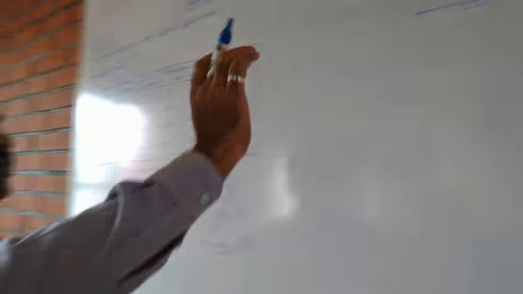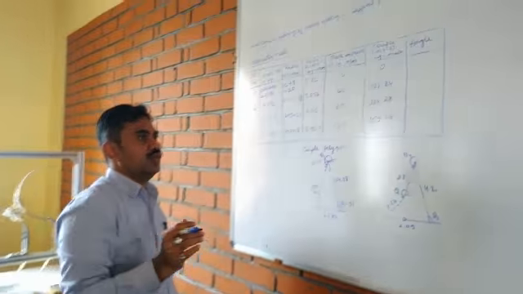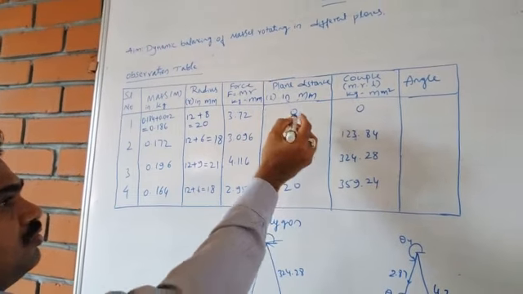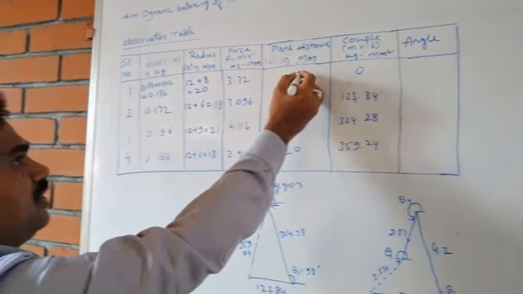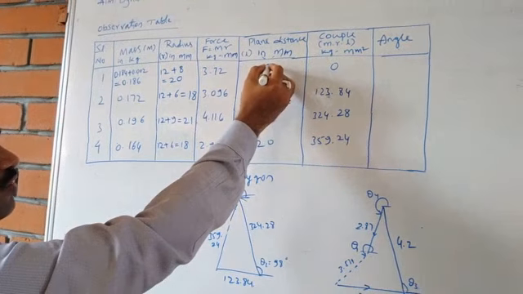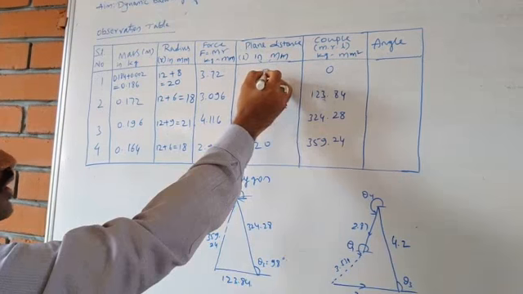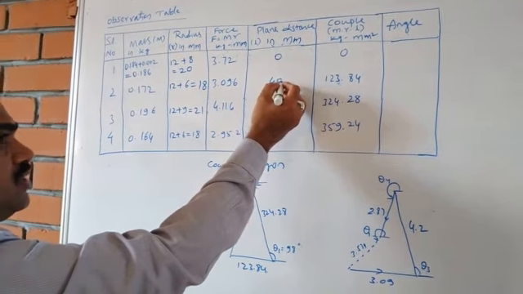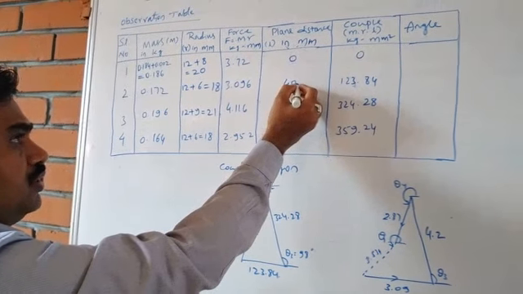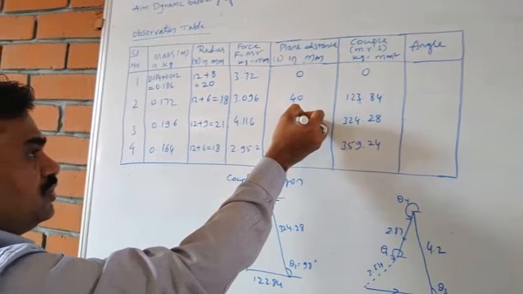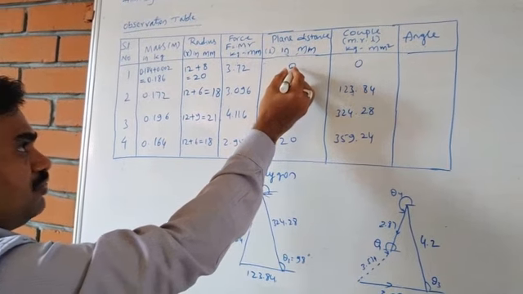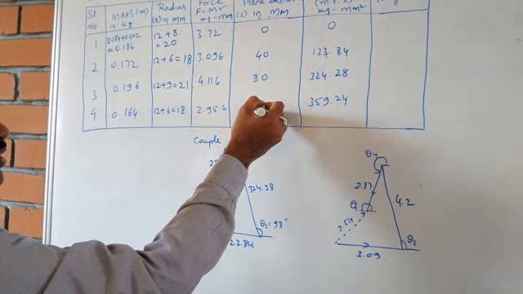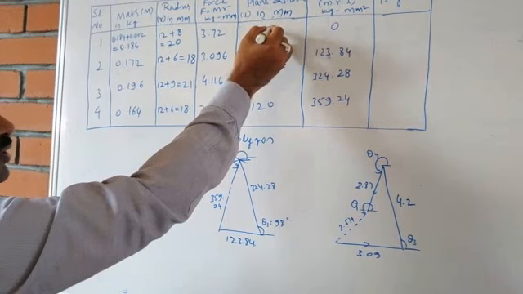The same is written in the table. The first mass, 0.186 kg, is considered as the reference, so it is considered as 0. The second mass is placed at a distance of 40 mm. The third mass is placed at a distance of 80 mm from the first mass, and the last mass is placed at a distance of 120 mm from the first mass.